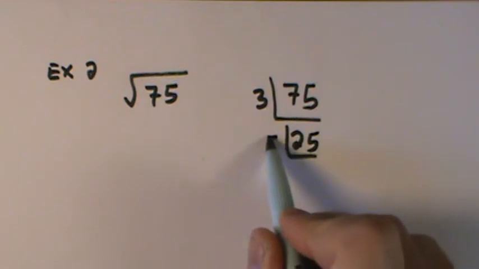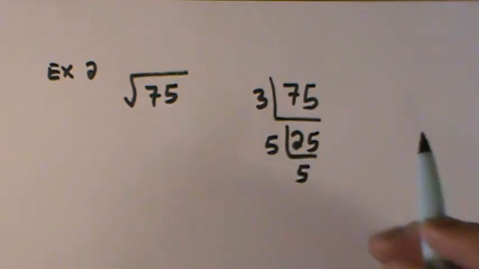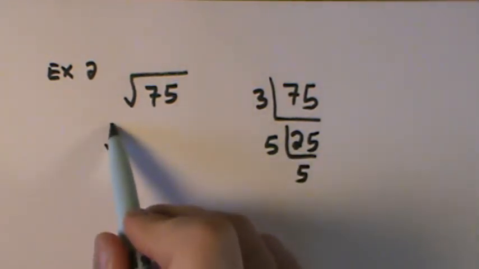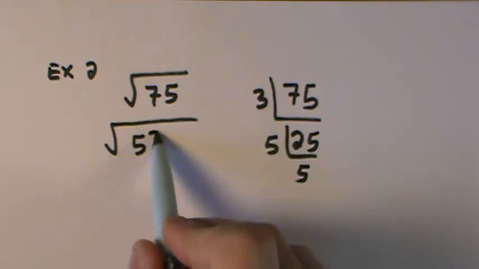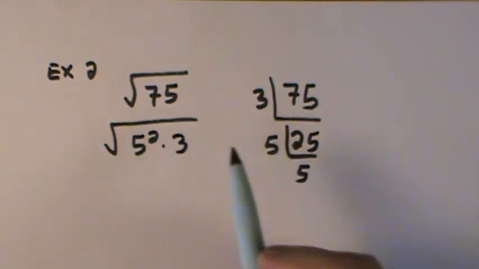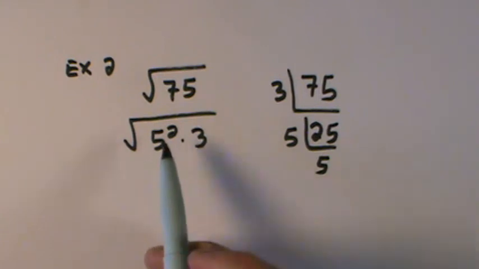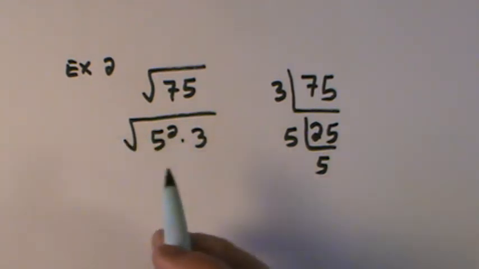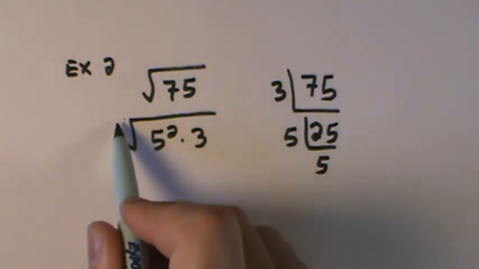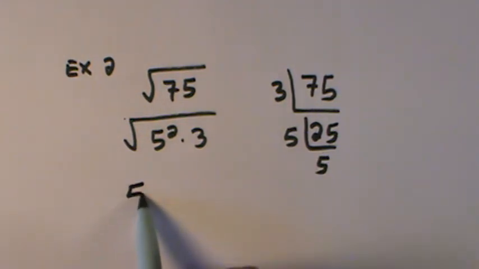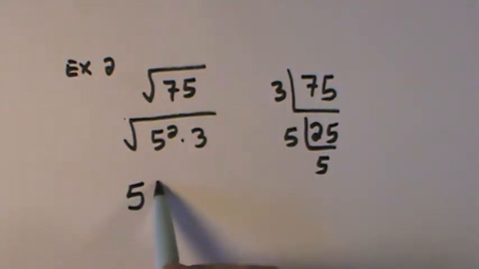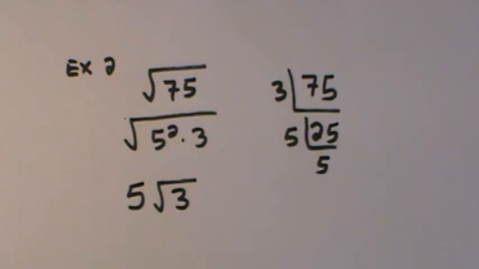Well, 25 is a square value. It's 5 times 5. So I'm looking at 5 squared 3 in my airport security. It'll allow the 5 to come through because it matches that implied index of 2, and we can call that 5 on the outside, rad 3. 5 rad 3. You see, the problems go very quickly.